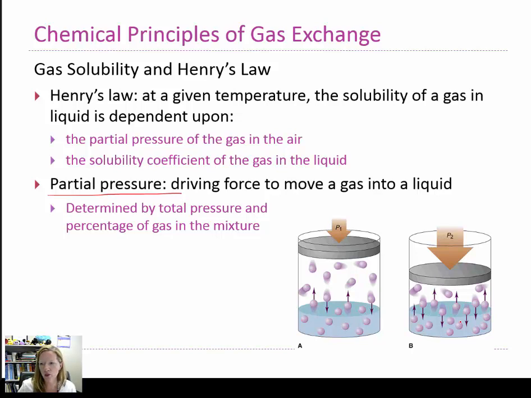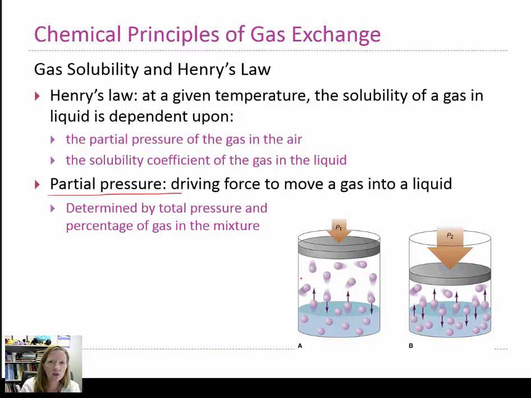Now think about what happens when you release that top on your Dr Pepper or whatever soda you like to drink. This is what's happening whenever you release the cap or the tab off of your soda can or your soda bottle. You are releasing the pressure. You're decreasing the pressure, right? You are opening it, and so the gases can escape.